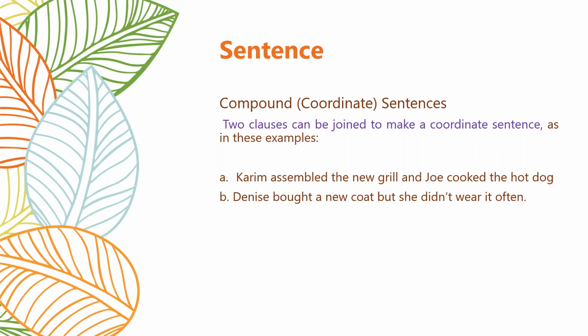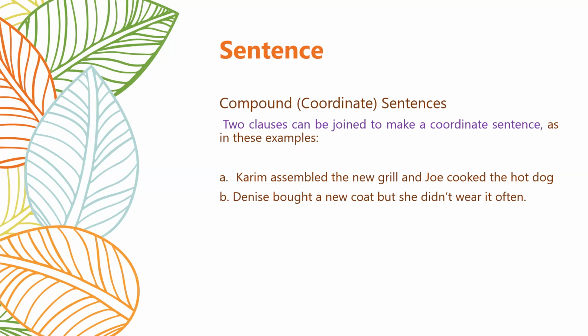Karim assembled a new grill is one sentence. Joe cooked the hot dog is another sentence. So here we have two independent sentences, but they are connected with the use of a coordinating conjunction, and that is 'and'. So we call it a compound sentence.